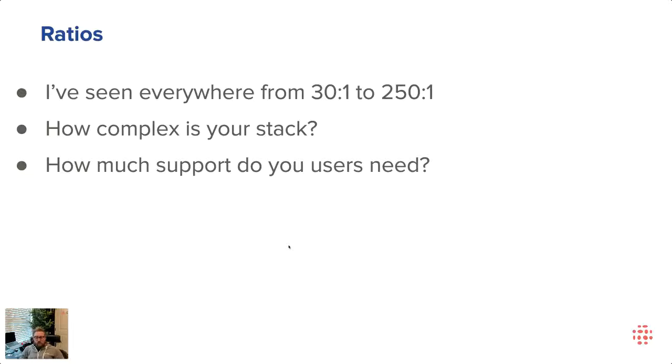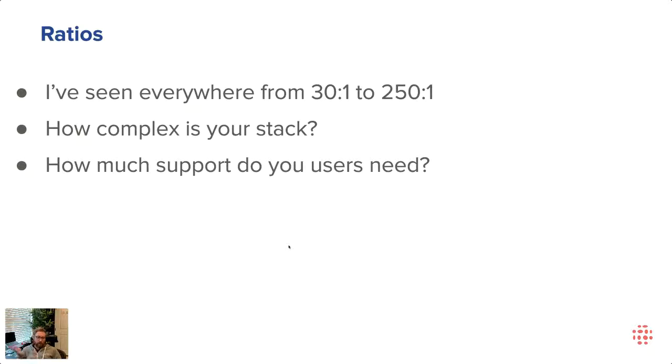Now, that ratio doesn't really mean much until you actually look at your technology stack and look at how complex it is. So if you're a very simple organization, say that you just have G Suite and you're supporting Chromebooks, I wouldn't call that a very complex organization. And so you may not need to staff as heavily as an organization that's, say, in a regulated environment.